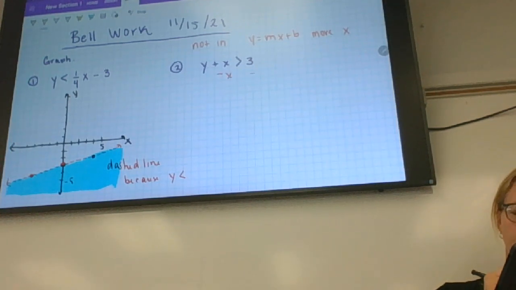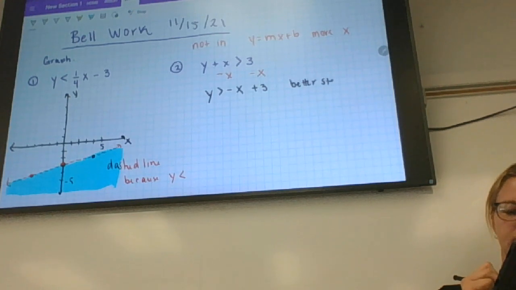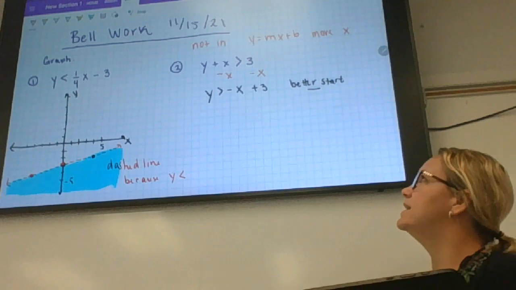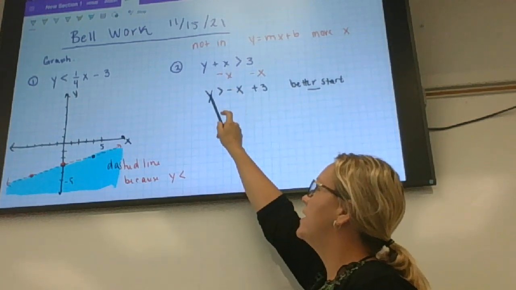Minus x from both sides. So my problem is now y greater than negative x plus 3. This is a better start, because I subtracted it. When I have to graph, I like y alone.